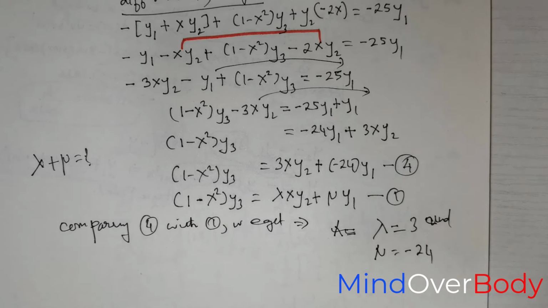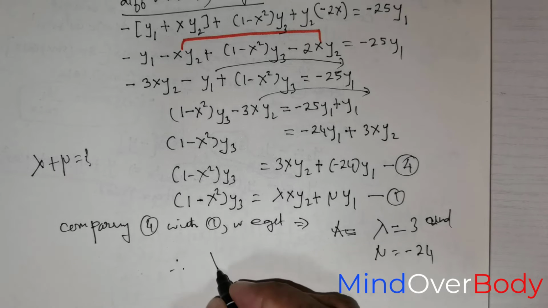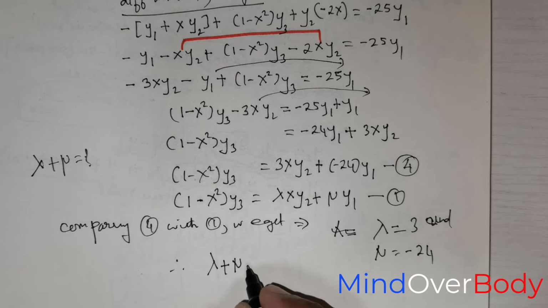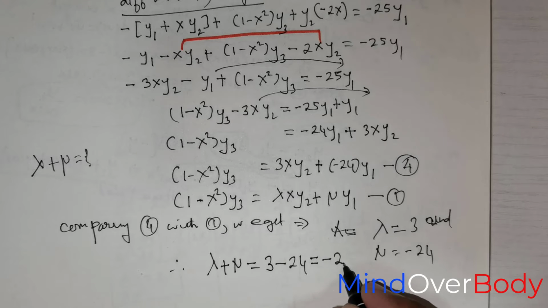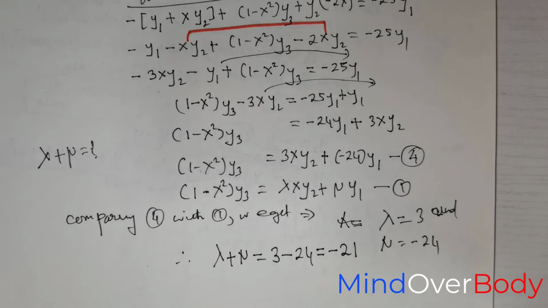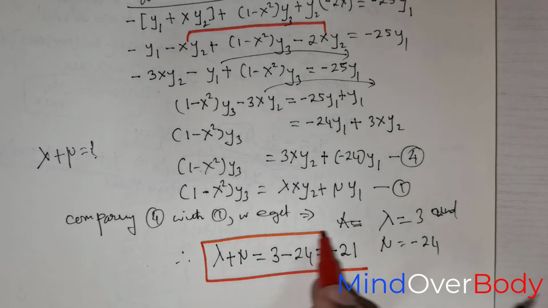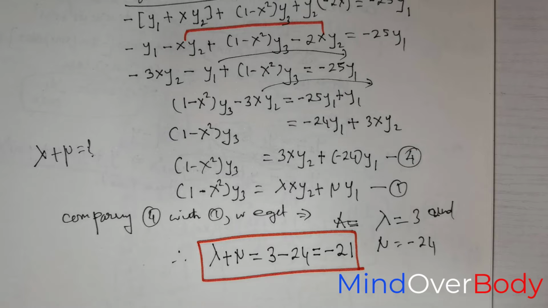So this is what we have got. So from here, what is lambda positive mu? Therefore lambda added with mu is equal to, lambda is 3 and mu is negative 24. So this is going to give me negative 21. So this is a beautiful question, and this is the right place for us to box the result.